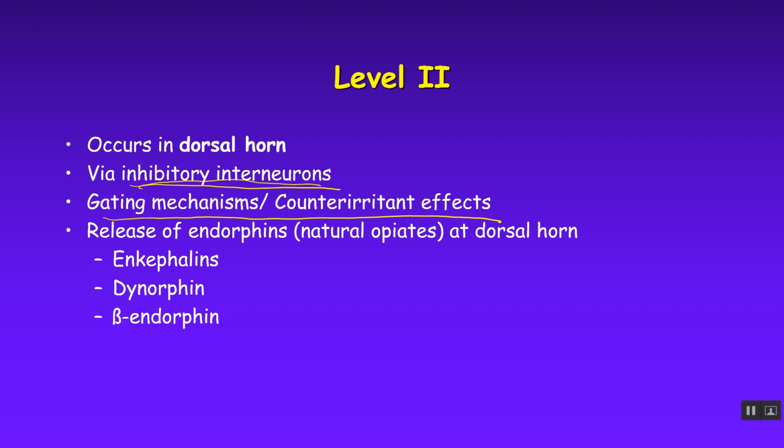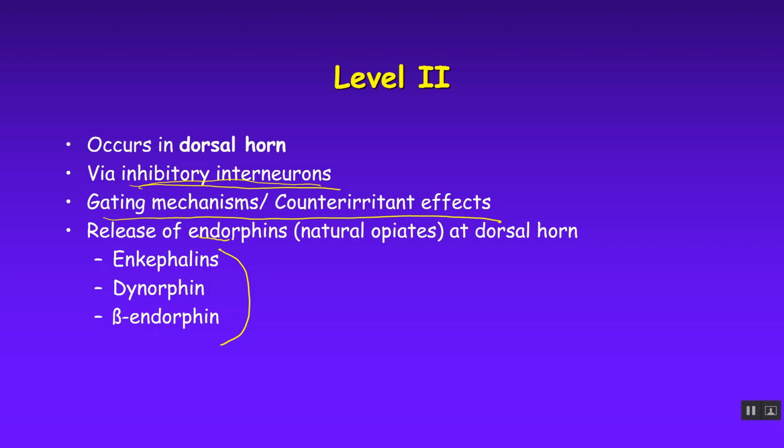The other thing we do is, when we talk about the brainstem and those levels going down to downregulate or inhibit what's happening at the spinal cord, at the dorsal horn, it's because they're releasing one of three different types of natural opiates or endorphins.